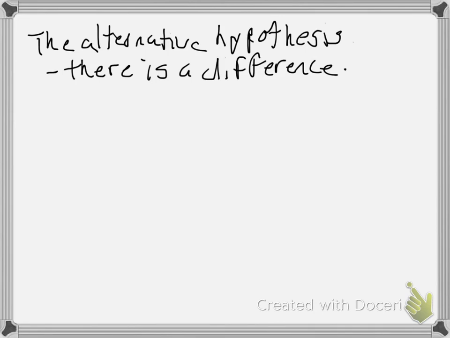Now, for example, let's say that you take a pulse rate of a whole bunch of people, and you find that mu is equal to 82.